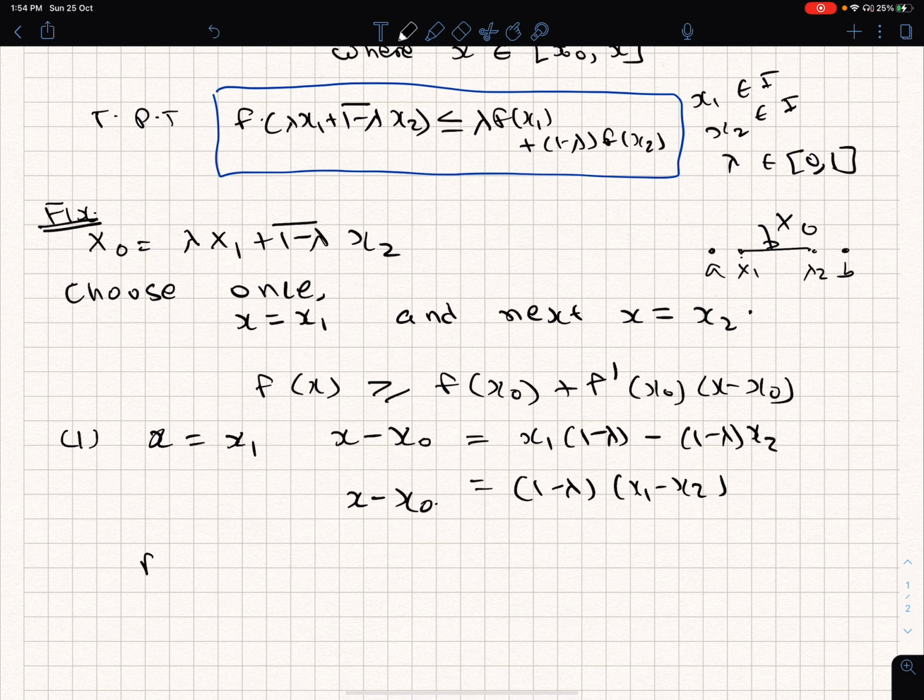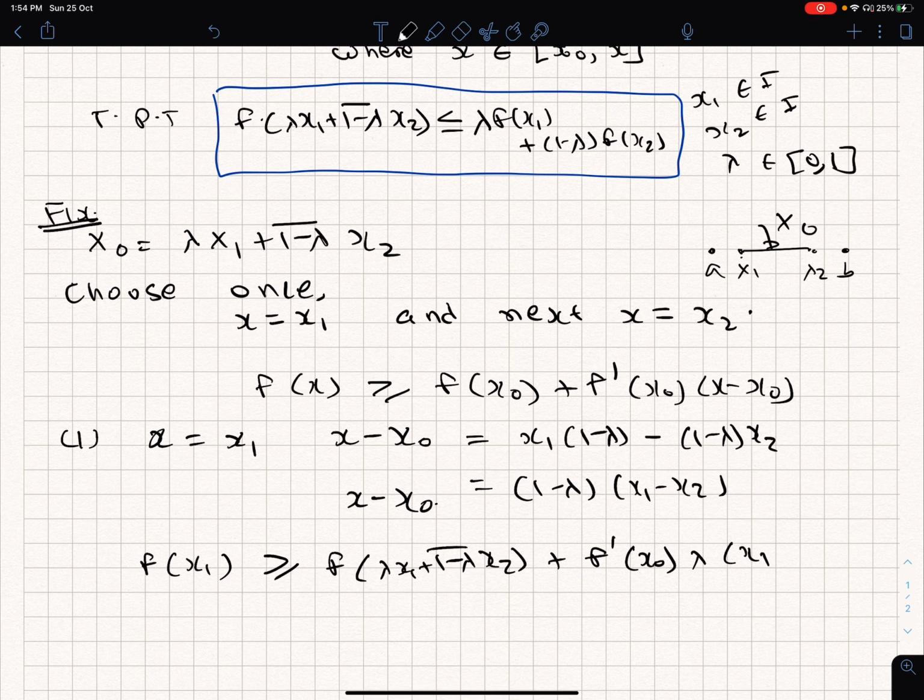I get f of x1, because x is chosen as x1, is greater than or equal to f of lambda x1 plus 1 minus lambda x2, which is my choice of x naught, plus f dash of x naught, into 1 minus lambda into x1 minus x2.